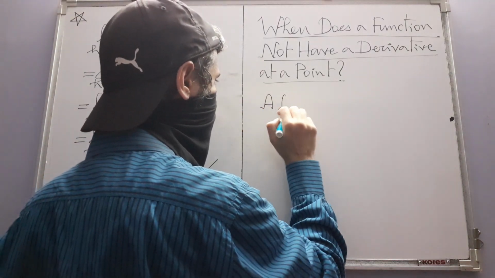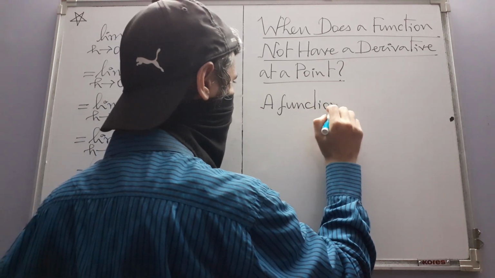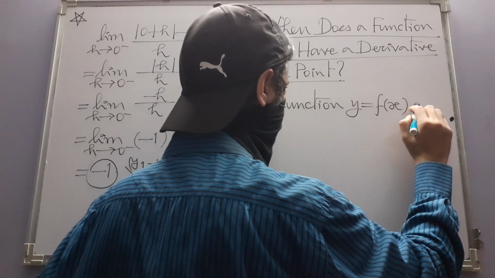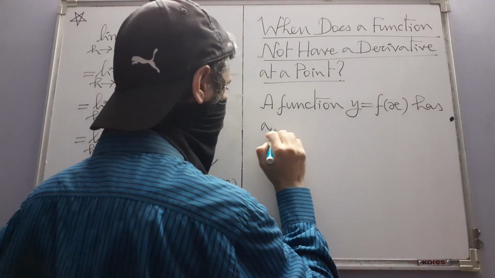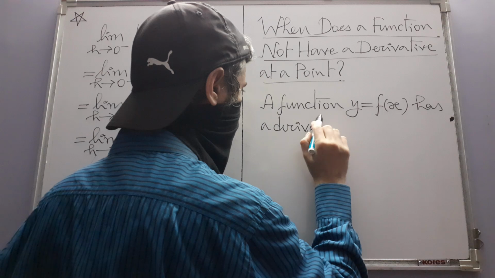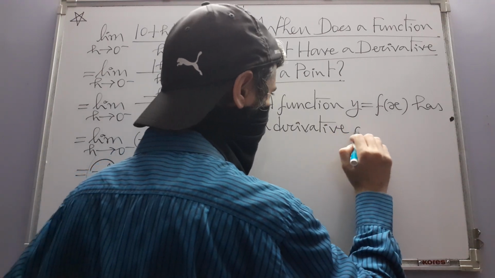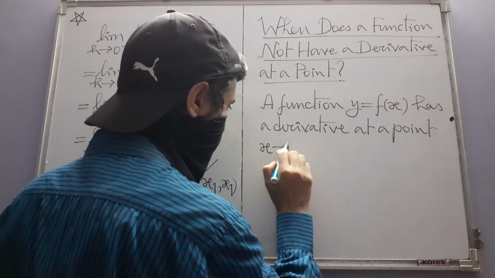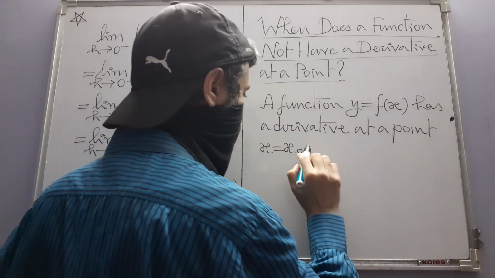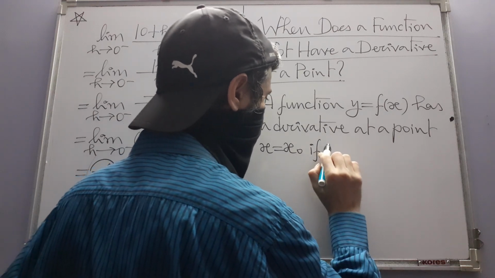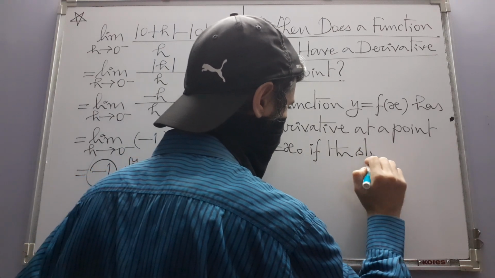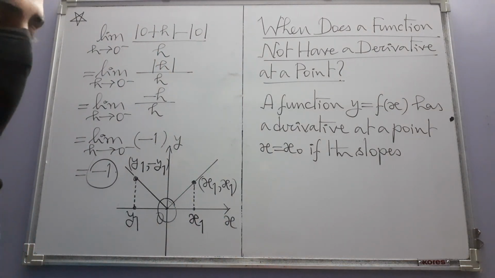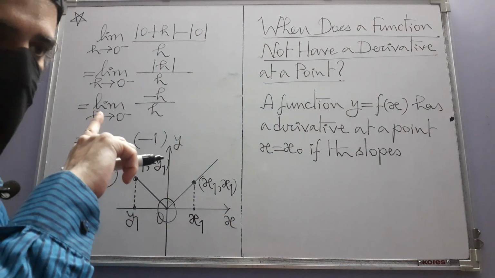A function y equal to f of x has a derivative at a point x equal to x naught if the slopes, here we are talking about the situation geometrically, which has come from our study of tangents.